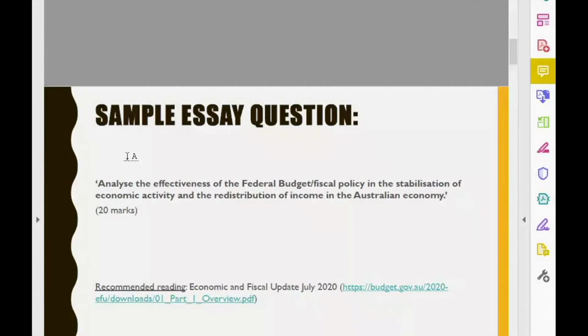I personally would talk about one of the limitations of fiscal policy in my introduction straight away. When I think about fiscal policy, some limitations that I can think of is how it's constrained by the political process. Earlier in this topic, we talked about this idea that for a policy to be enacted, it has to go through the House of Reps and the Senate before it's actually implemented.